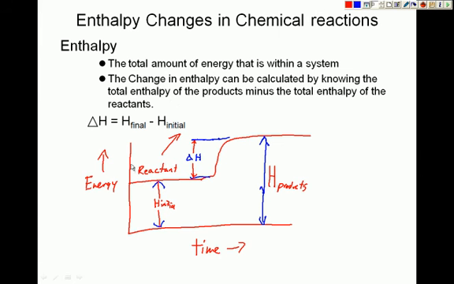The enthalpy in the reactants, or the amount of energy in the reactants, is dependent on what the reactants are and their properties. And the enthalpy of the products again depends on those specific types of molecules, and they each have a very specific type of enthalpy. Here we show that the reactants have an enthalpy down here, and the products have an enthalpy up here. So there's going to be a big change in enthalpy when this reaction proceeds.